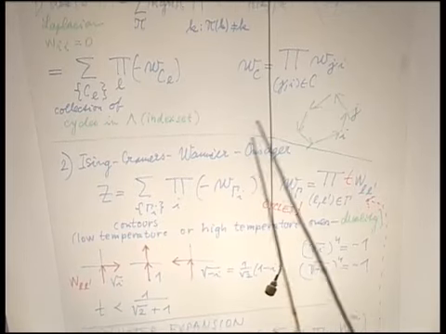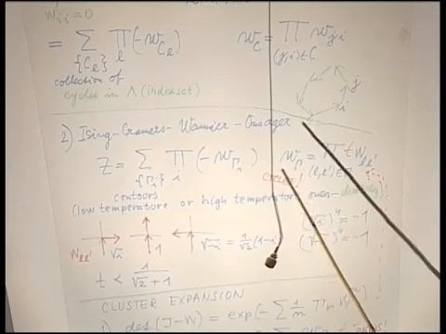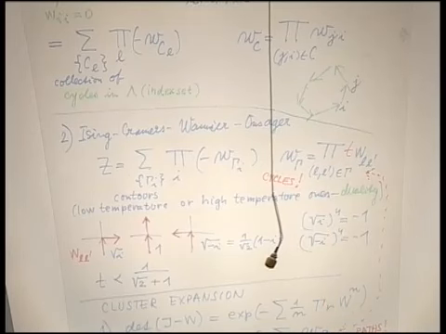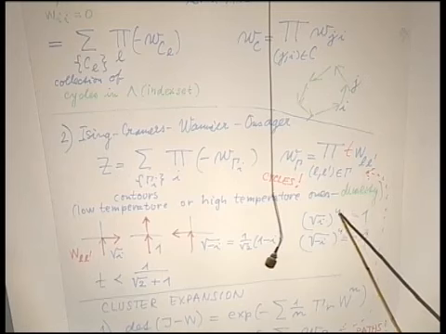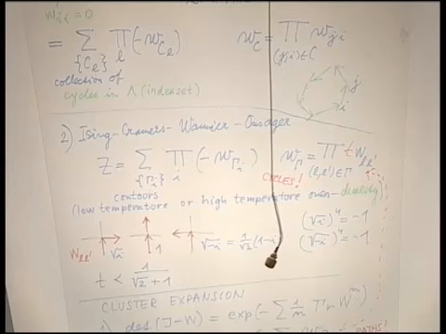reformulation by Kramers, Wannier, Onsager, which is based on a very ingenious construction, you know, that you write minus as a fourth power of square root of i.